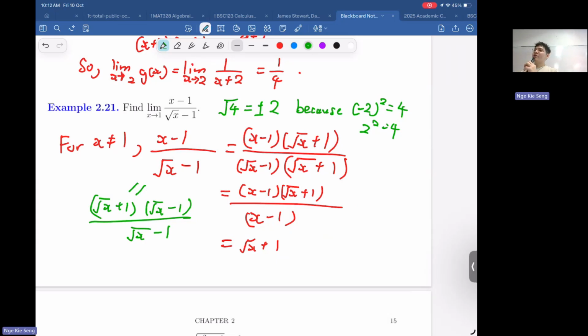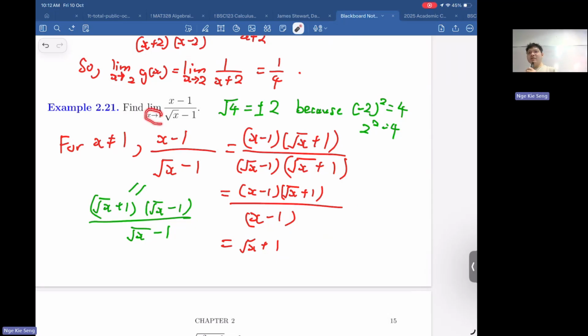Okay. How do you know where this 4 comes from? So if you want to get positive, you need to stay at the positive side. Can we always stay at the positive side? Do we care about negative x?